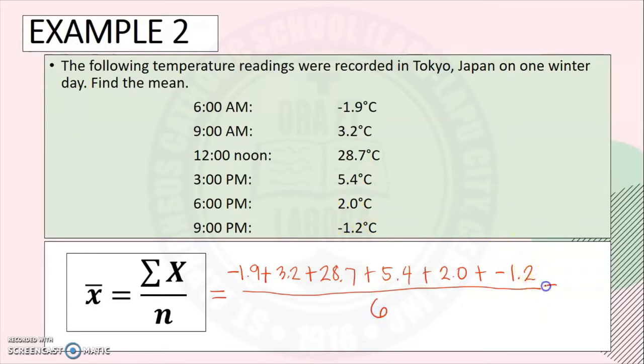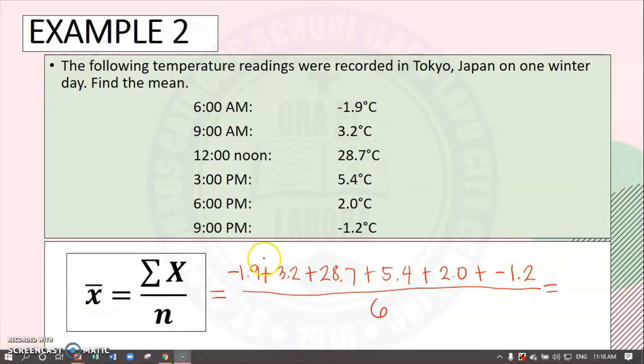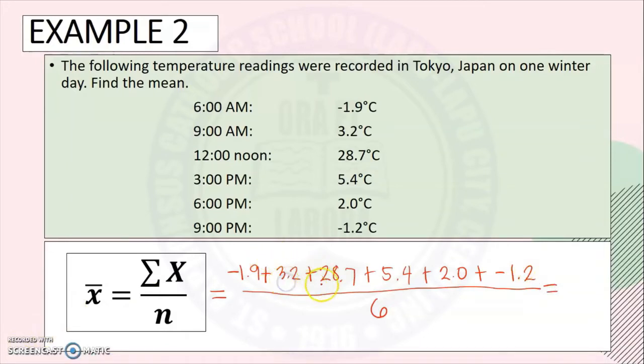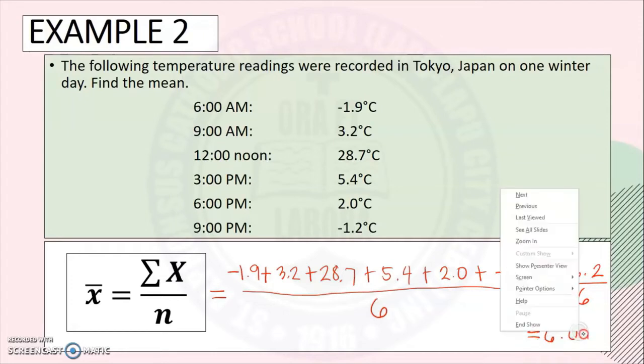Now, let's add negative 1.9, 3.2, 28.7, 5.4, 2.0, negative 1.2. If we are going to add them, the answer is 36.2 and then divided by 6. 36.2 divided by 6 is equal to 6.03.